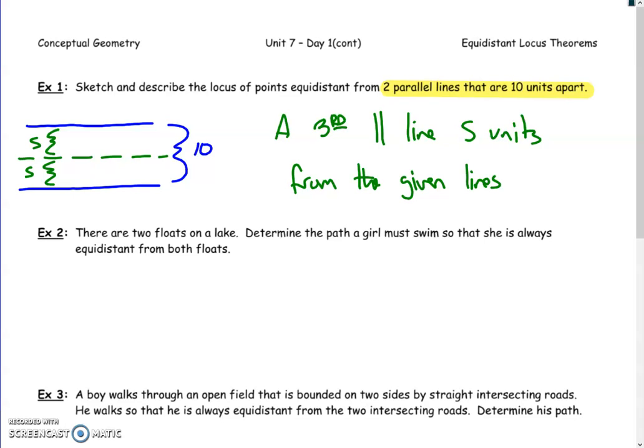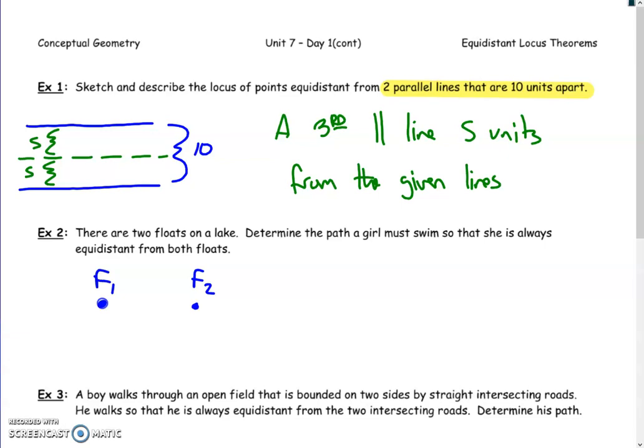Our next example, there are 2 floats on a lake. Determine the path a girl must swim so that she is always equidistant from both floats. Basically here we need to figure out, okay, 2 floats on a lake, what would that represent geometrically? 2 dots. So you do something like put a point there, there's F1, put a point here, there's F2, float 1, float 2.